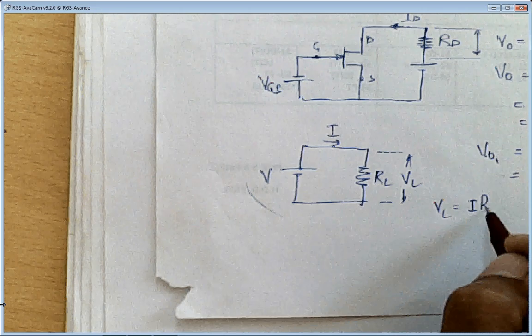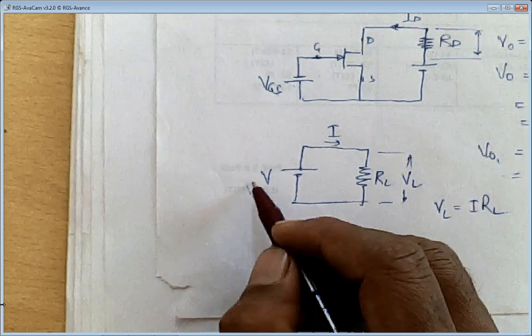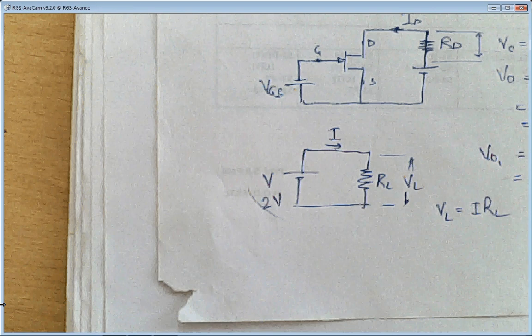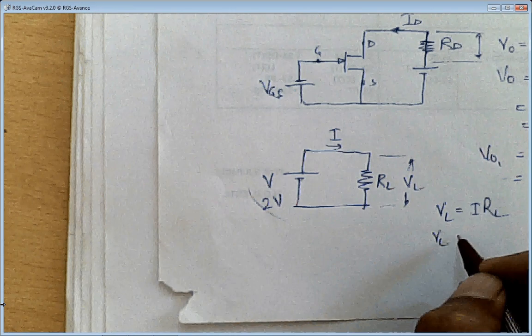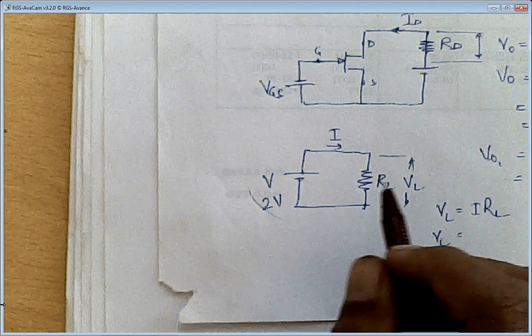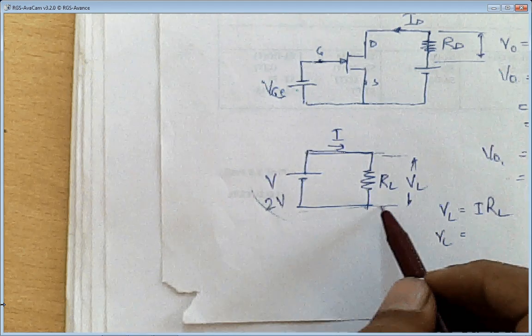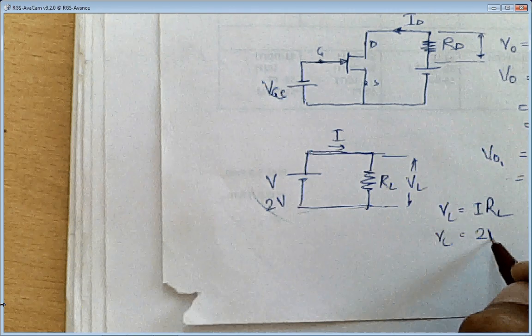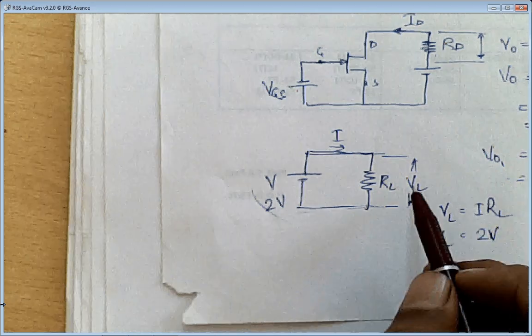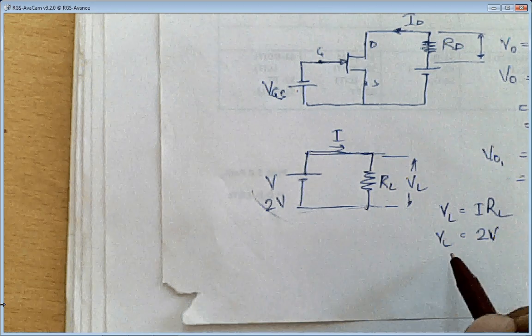If V is equal to 2 volts, how much will VL be? Since the voltage across RL is the same as the source, it will remain 2 volts only. If I change V, then VL will change, almost equal to the same V.